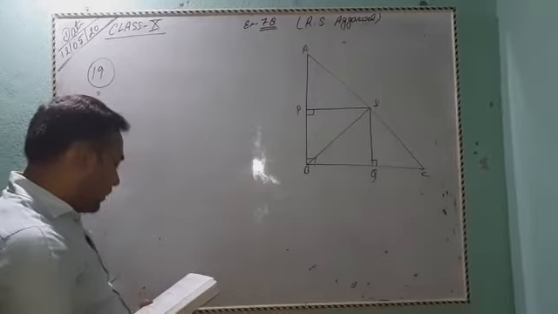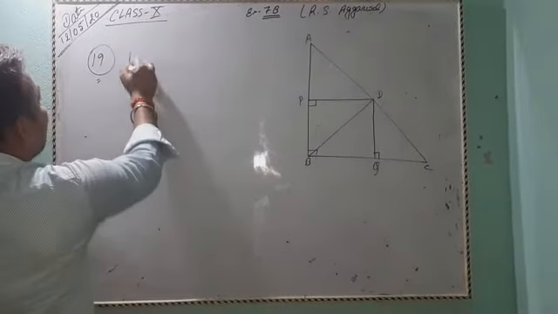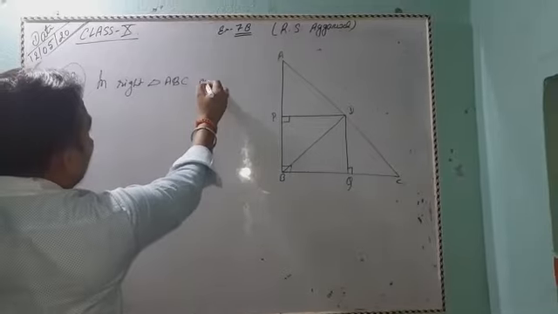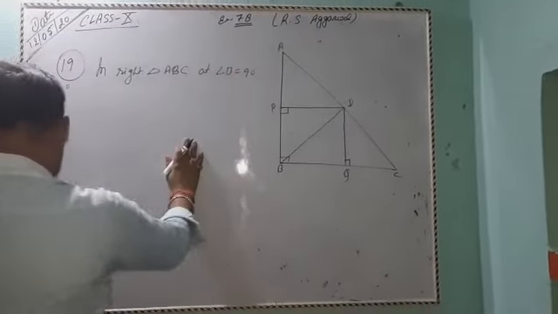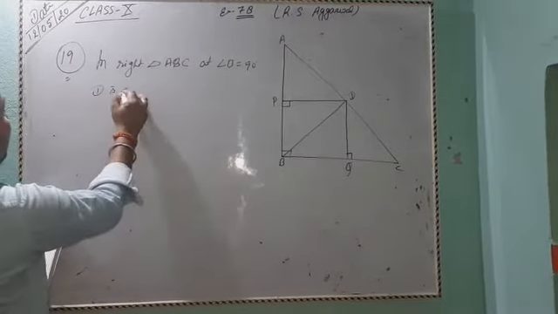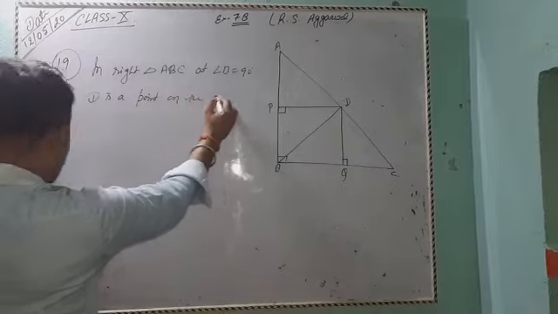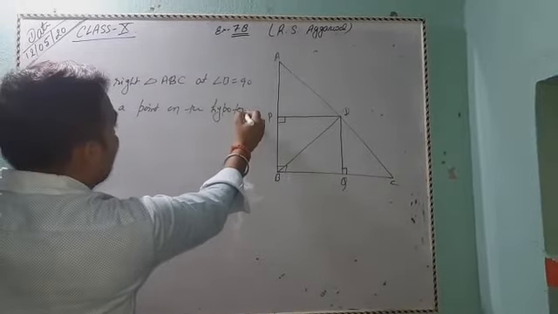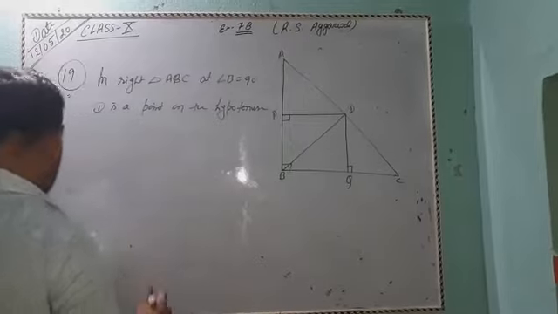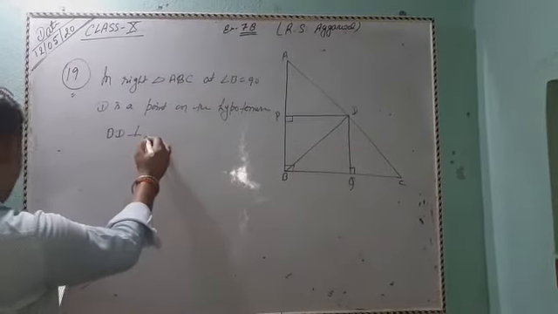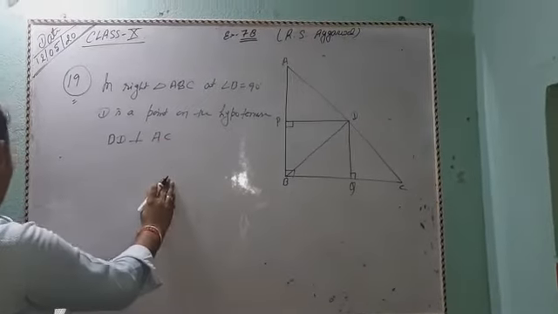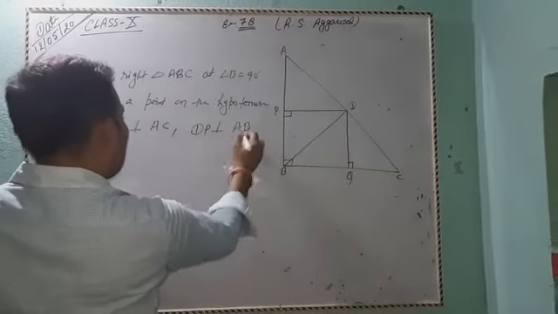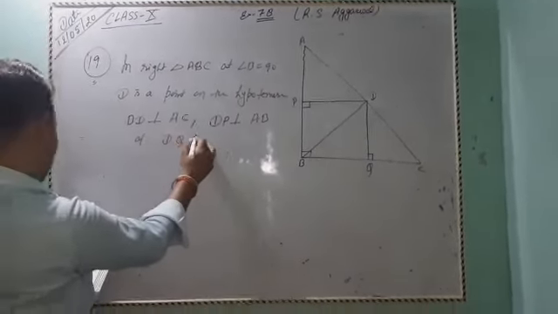Such that BD is perpendicular to AC, DP is perpendicular to AB, and DQ is perpendicular to BC.